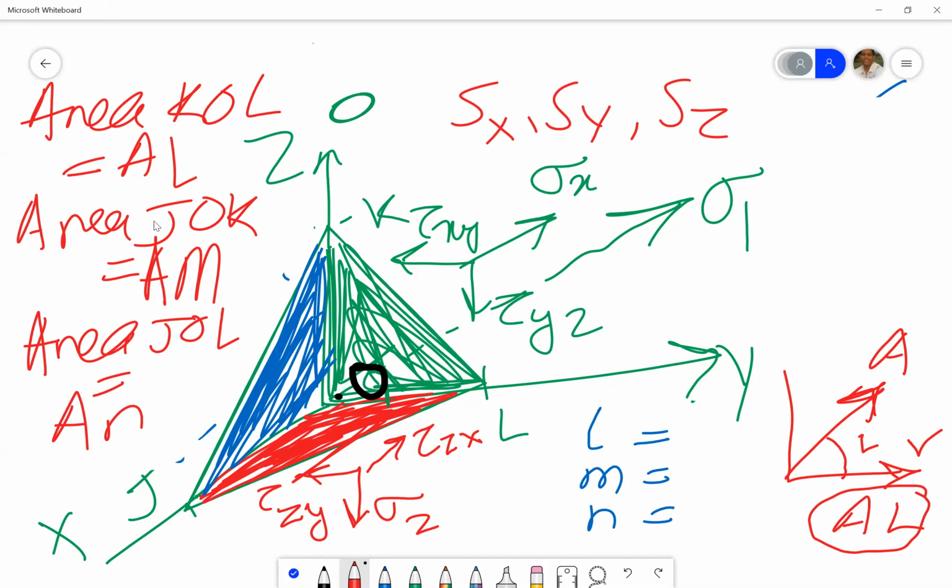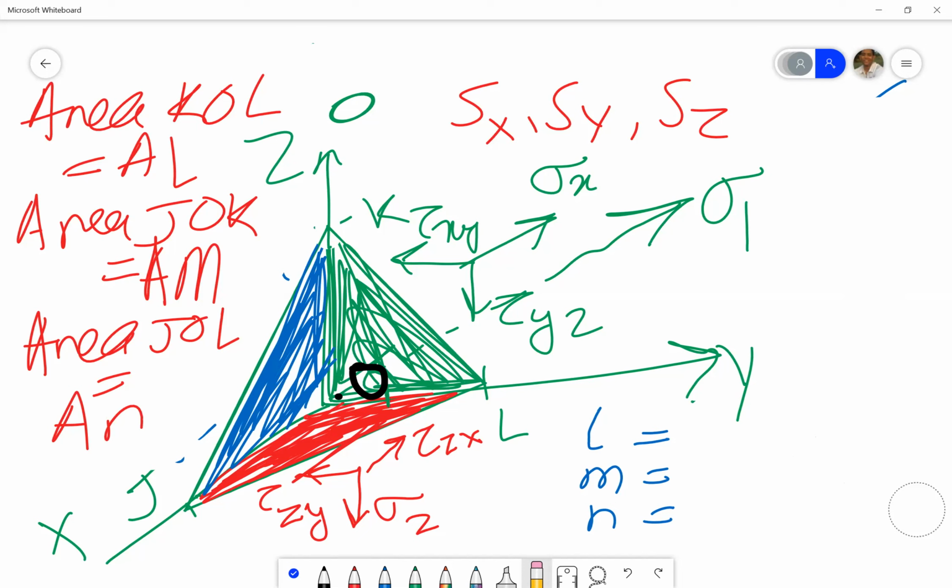Then how can we represent Sx, Sy and Sz in terms of the cosine of the angle? Let me show you how to calculate the different components. This is sigma.